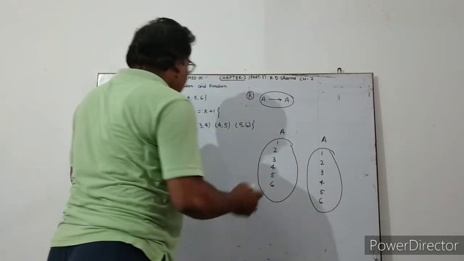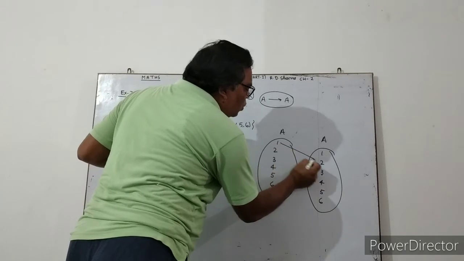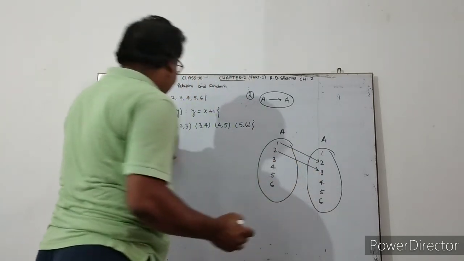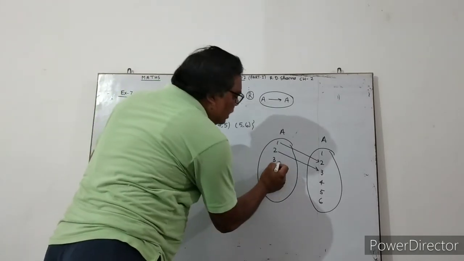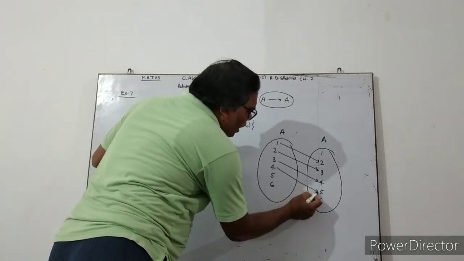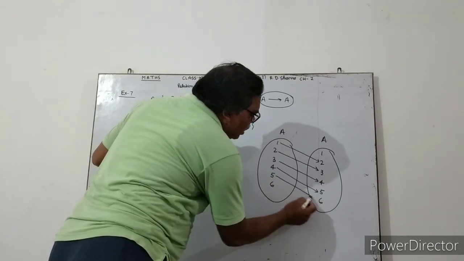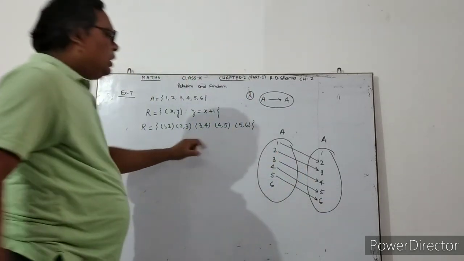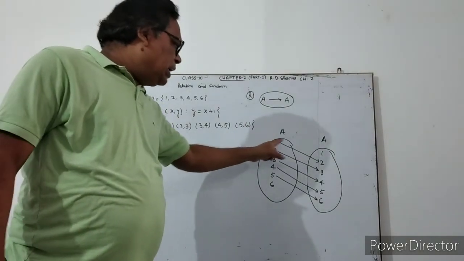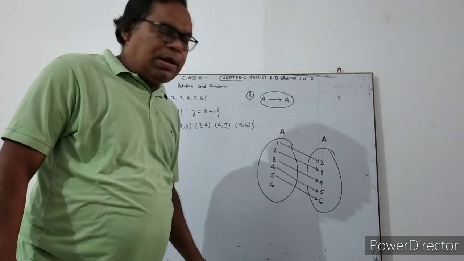Element 1 is related to 2, 2 is related to 3, 3 to 4, 4 to 5, and 5 is related to 6. This is the arrow diagram showing the relation.